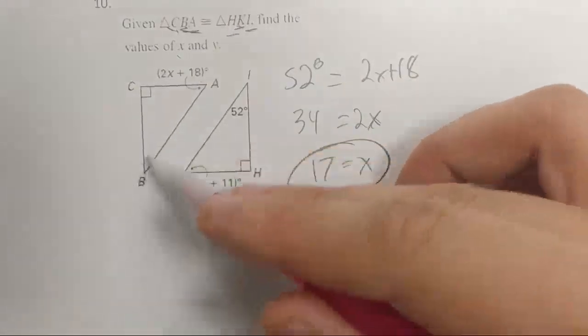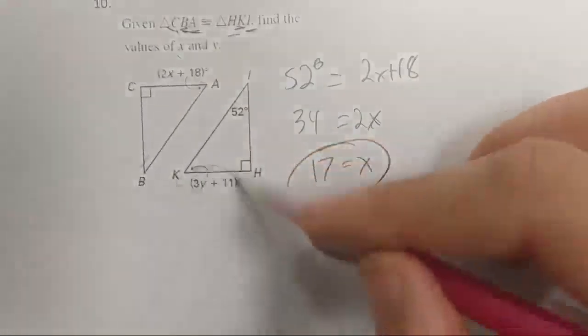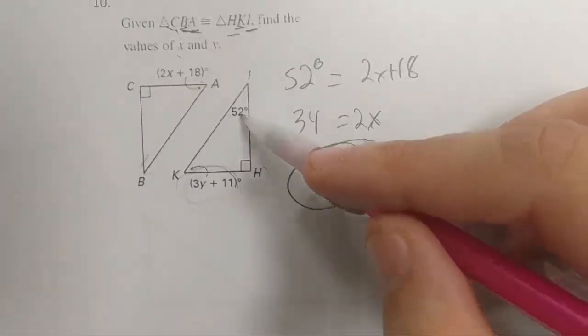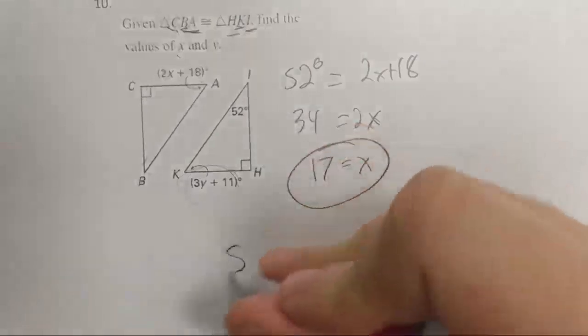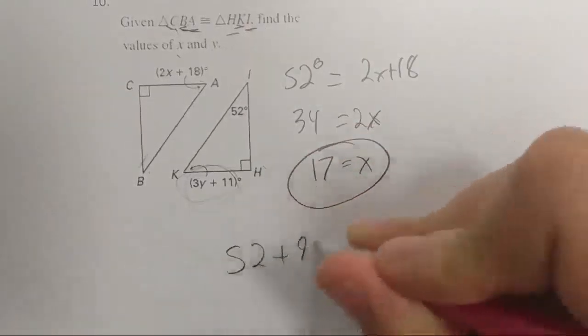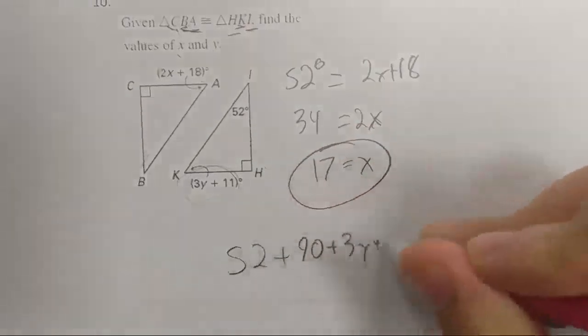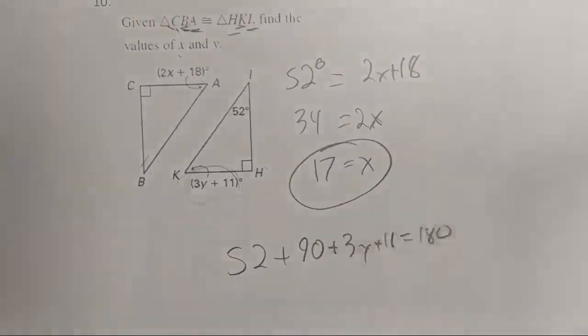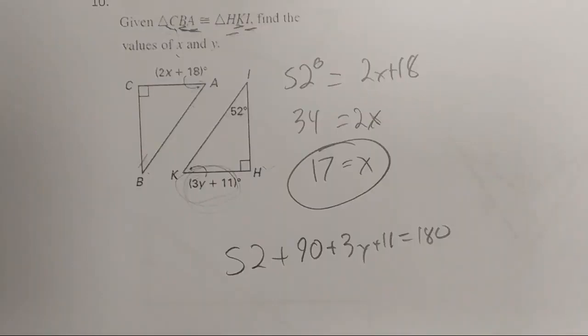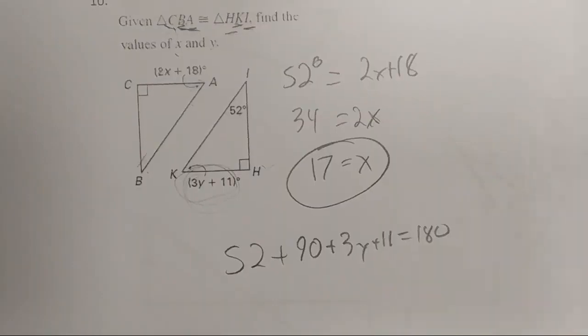But how am I going to find b? Or I'm going to find y, actually. Well, I know 52 degrees is this, and I know this is a right angle. Right angles are 90. So I could do the same setup as before: 52 plus 90 plus 3y plus 11 equals 180. So 52 plus 90 plus 11 equals 153.